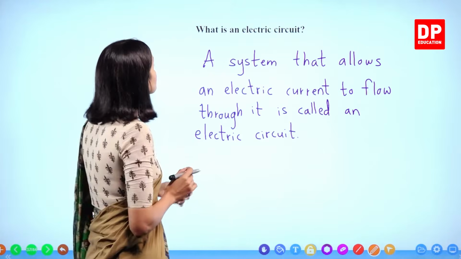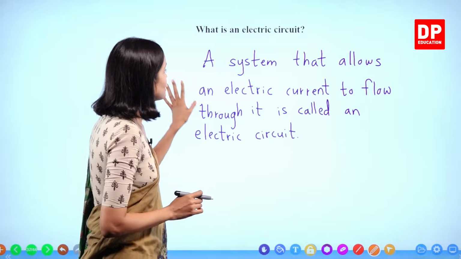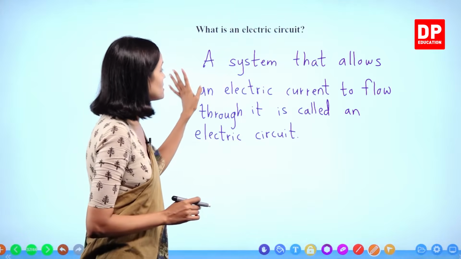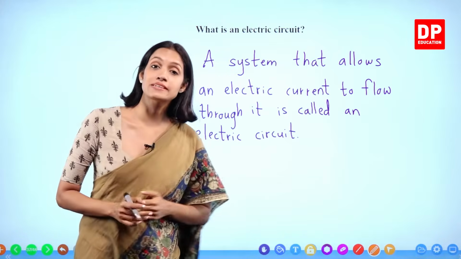Okay, children? A system that allows an electric current to flow through it is called an electric circuit.